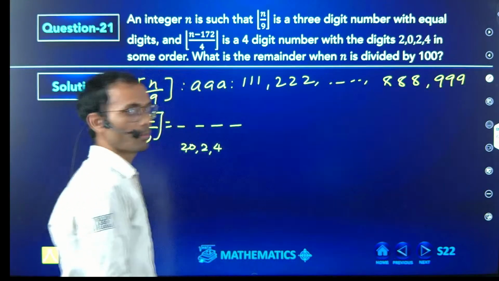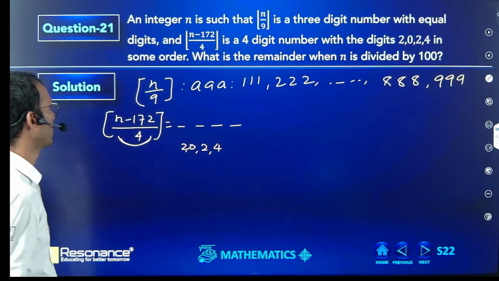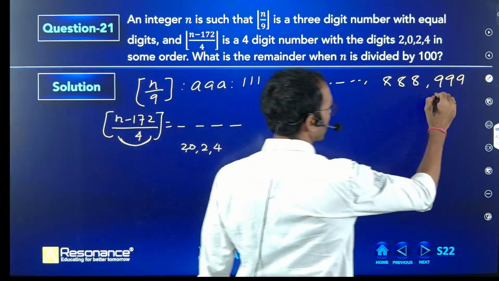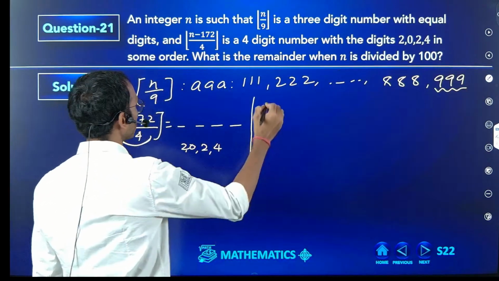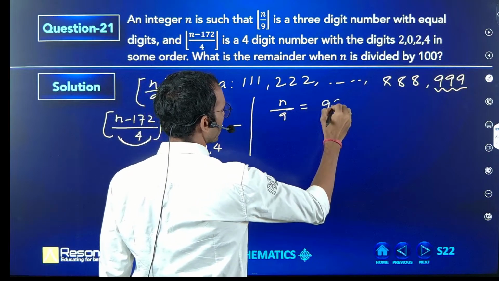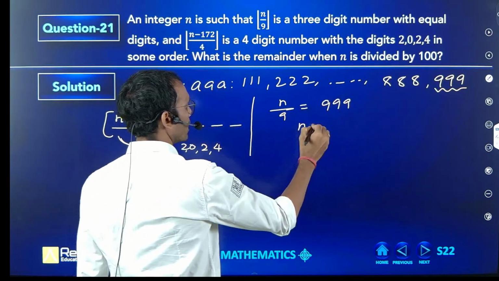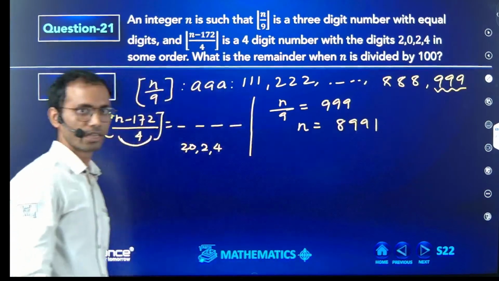The only possibility for n minus 172 to be more than 8000 is if you take that number as 999. That means n by 9 should be 999. So n, if you multiply, I think you will get 8991, right?